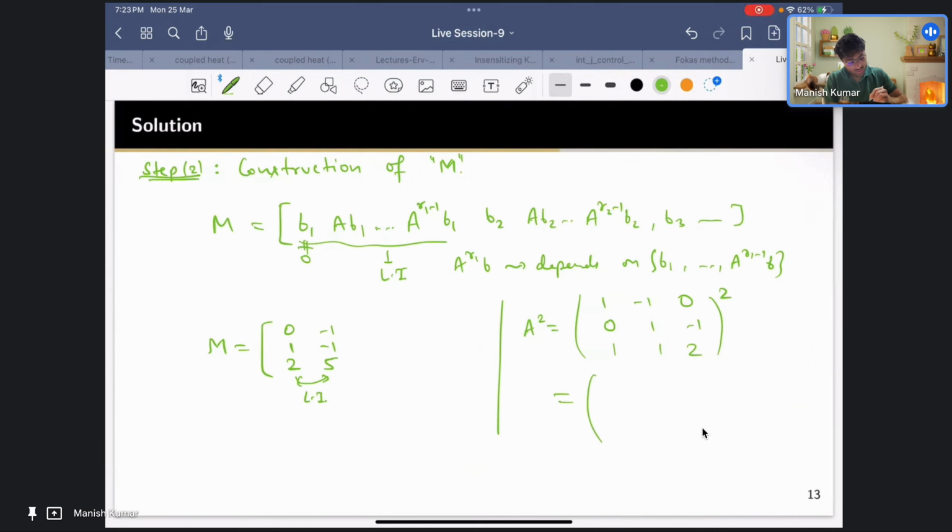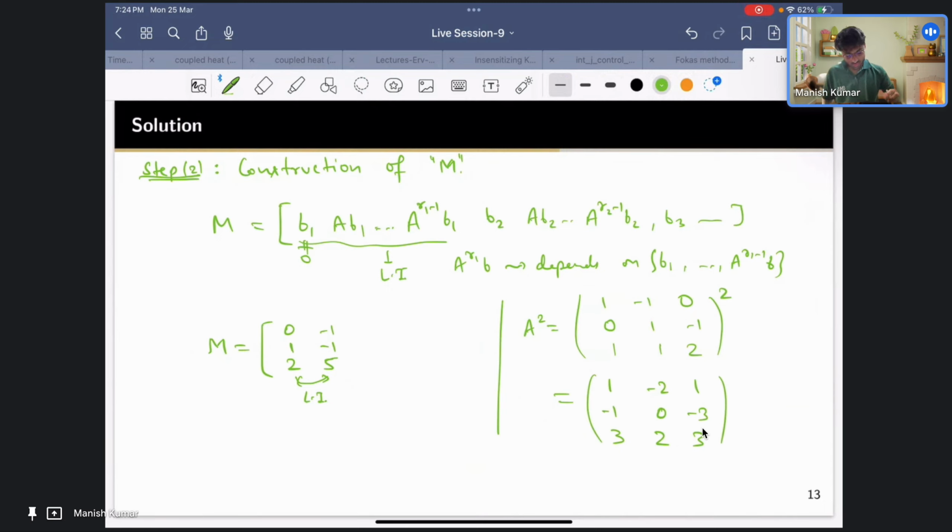Multiplying row by column, the first row gives 1, minus 2, 1, then minus 1, 0, then minus 1, minus 2, minus 3, then 3, 2, 4, minus 1, 3.